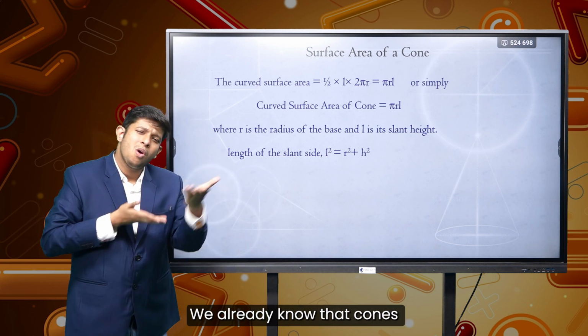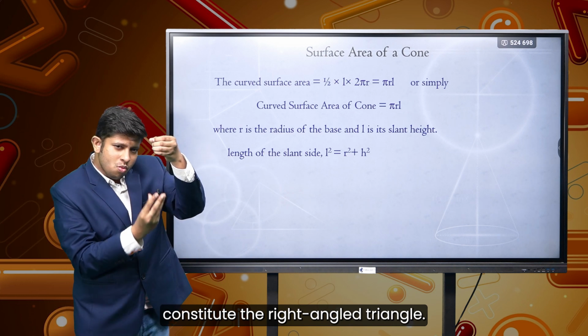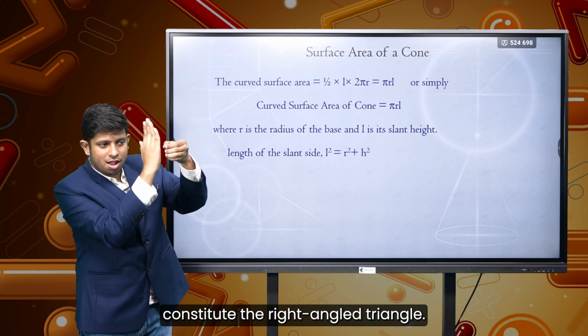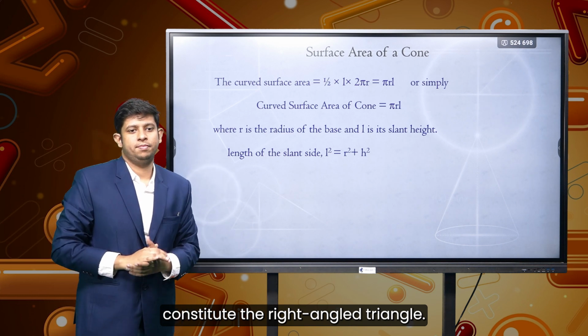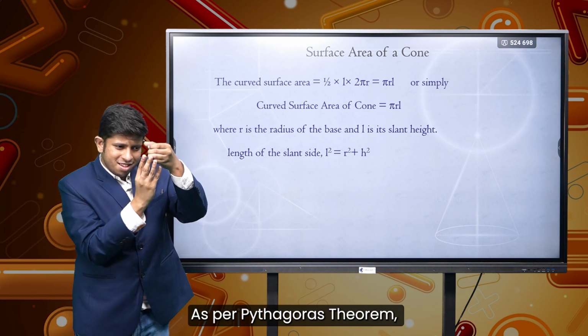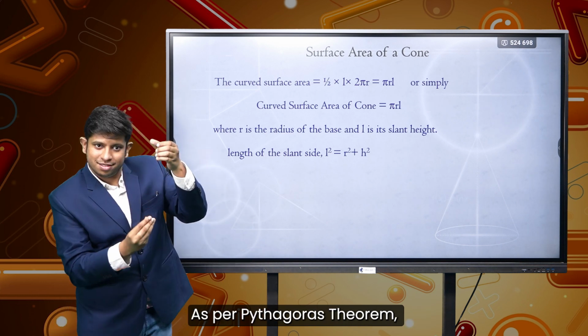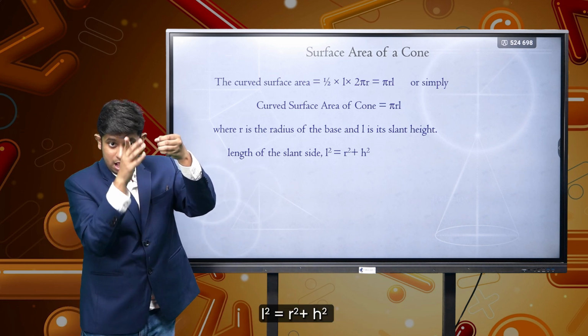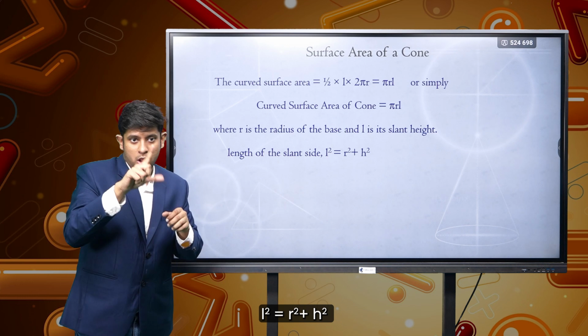We already know that a cone constitutes a right angle triangle. As per Pythagoras theorem, the length of the slant side is L square is equal to r square plus h square.